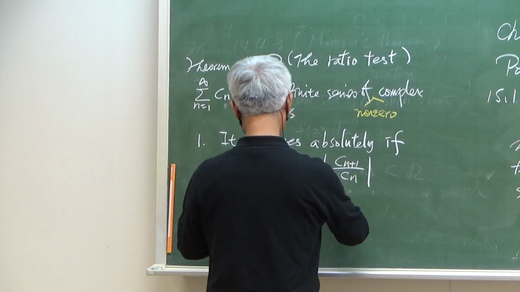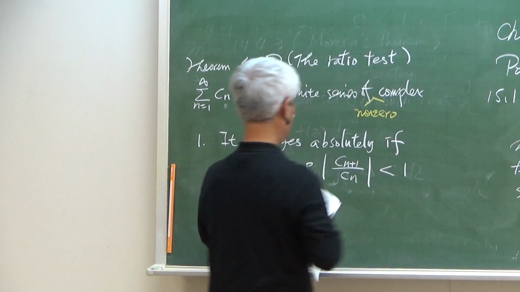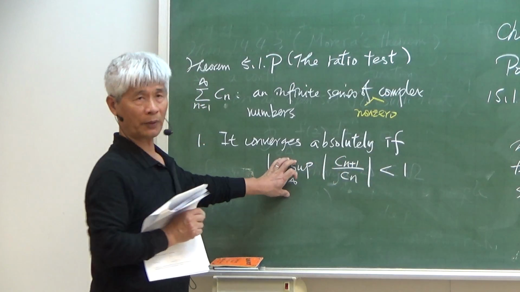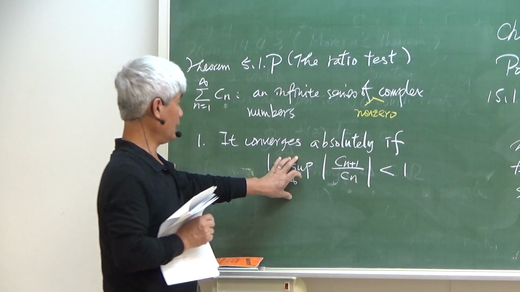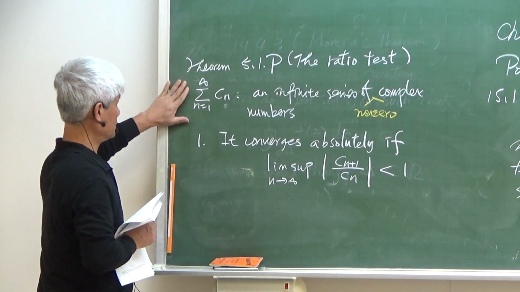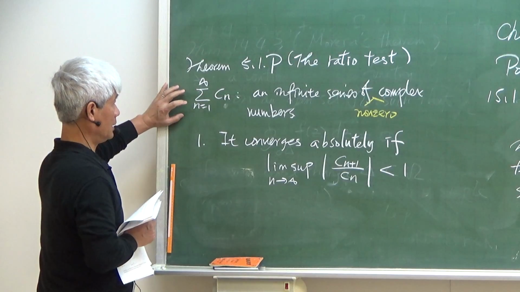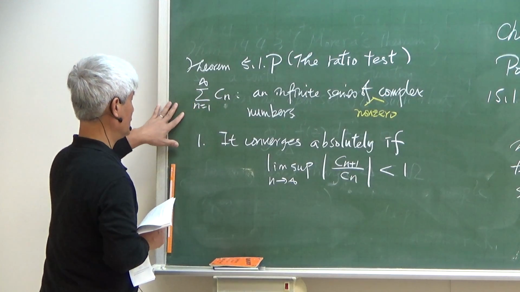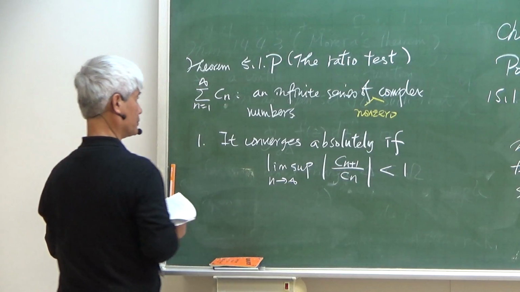So if the lim sup, because this lim sup always exists, is less than 1, then this infinite series of non-zero complex numbers converges absolutely.